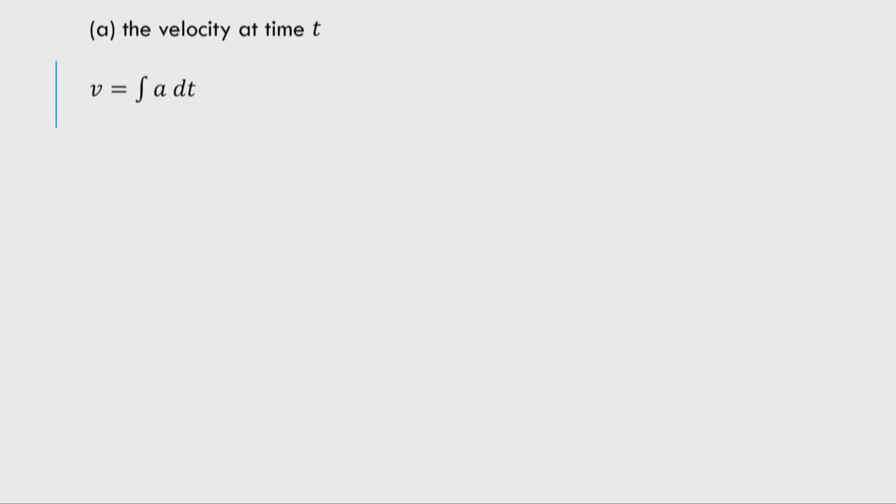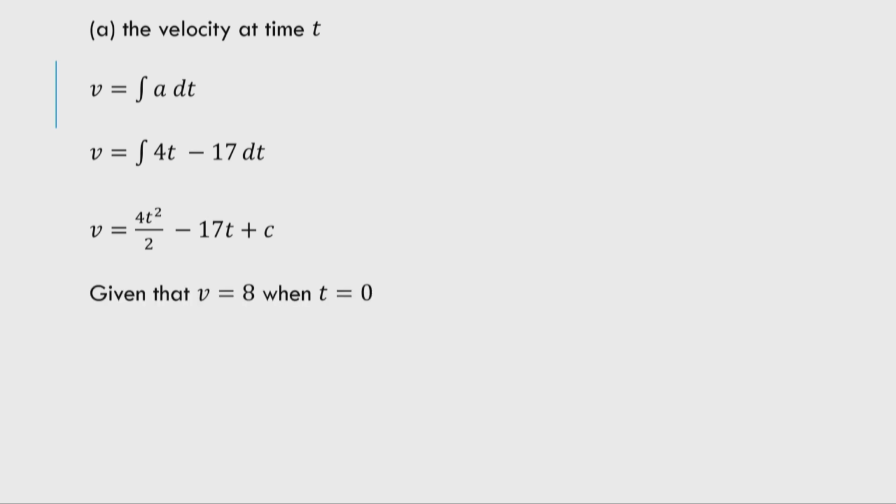V is equal to integration of a with respect to t. V is equal to integration of 4t minus 17 with respect to t. V is equal to 4t squared over 2 minus 17t plus c. It is given that V is equal to 8 when t is equal to 0.